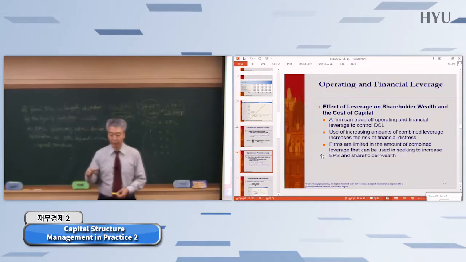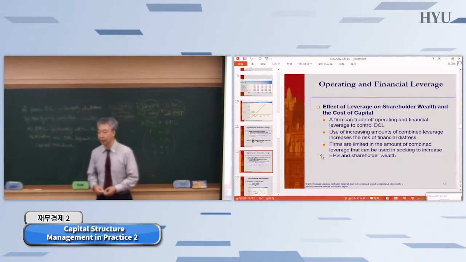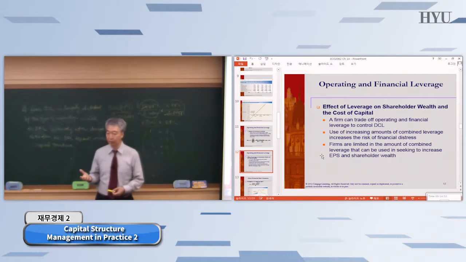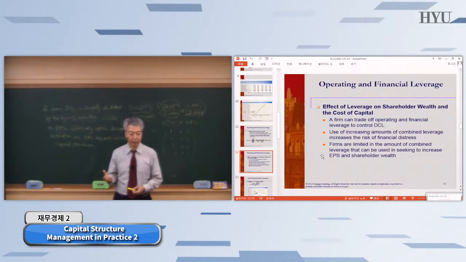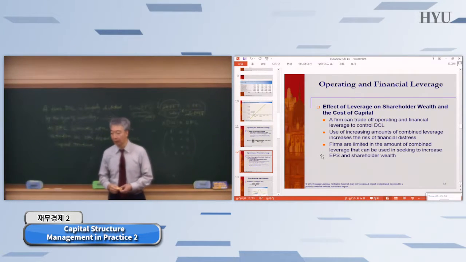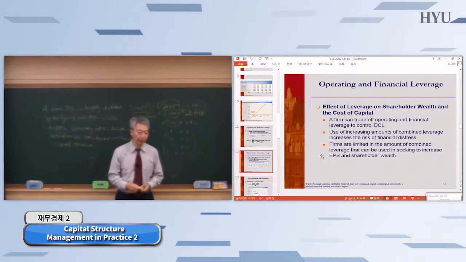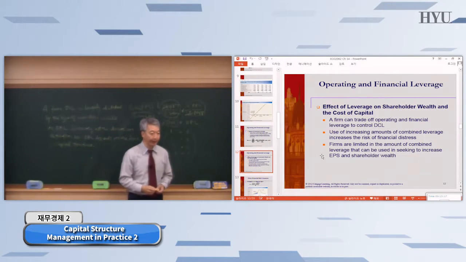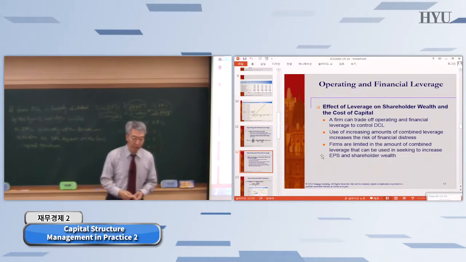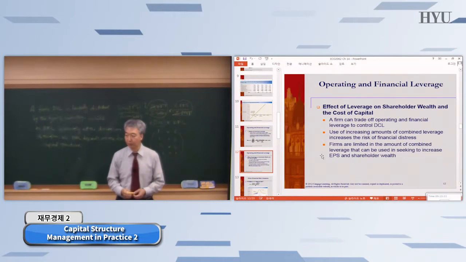I think I gave you some example debt equity ratios last time. GE has a pretty high debt equity ratio because GE is in the manufacturing business. They produce airplane engines, locomotives, and all kinds of heavy equipment. Airline businesses also require a high debt equity ratio because they have to lease a lot of equipment.